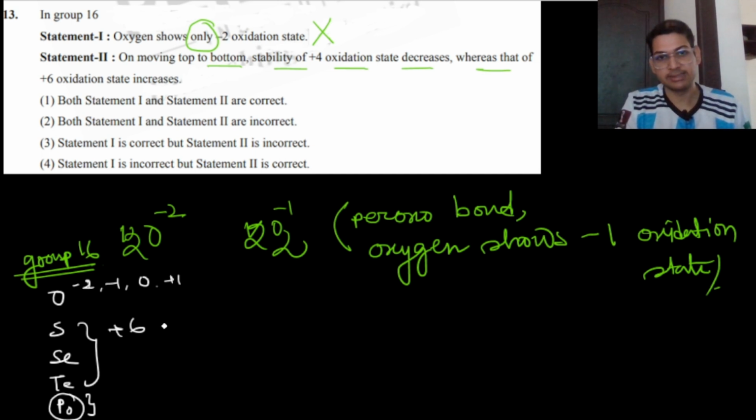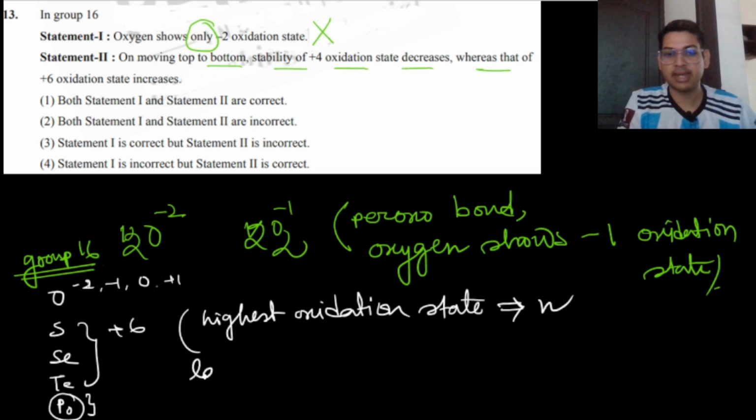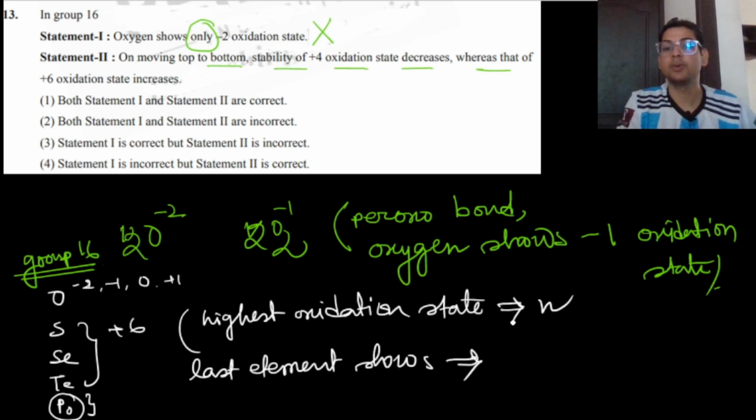If the highest oxidation state is N, the last element always shows N-2. This is very important. I don't know if you know this thing or not.